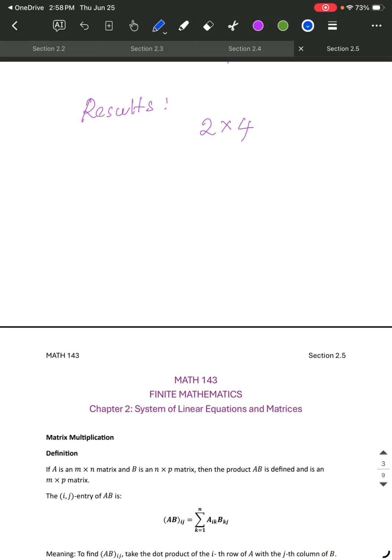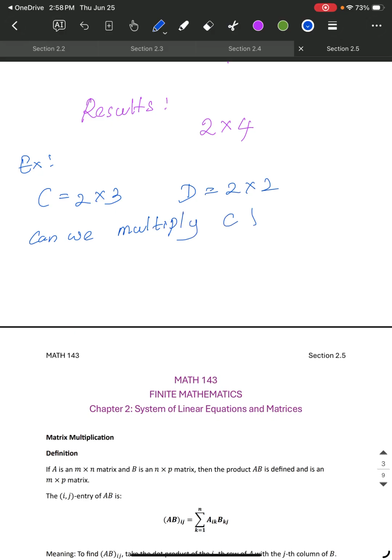Okay, next. Let's say the matrix C is 2 by 3 and matrix D is 2 by 2. Can we multiply C and D?